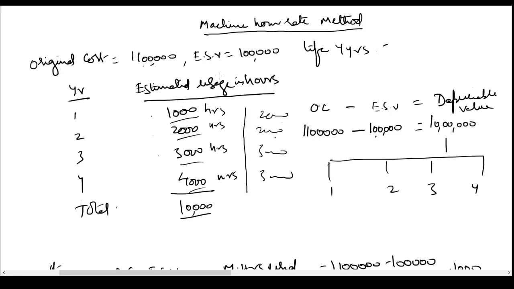But the useful life is fixed in hours, and if you use up those hours, then the life is over. So machine hour rate is used in the case of machines whose life is fixed in number of useful hours. So depreciation debited to P&L account would be based on the pattern of consumption or pattern of usage of that asset. Thank you.